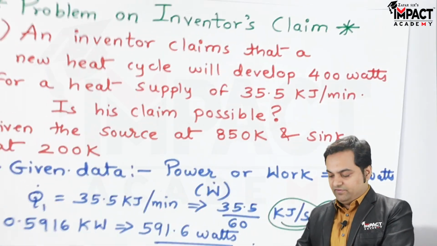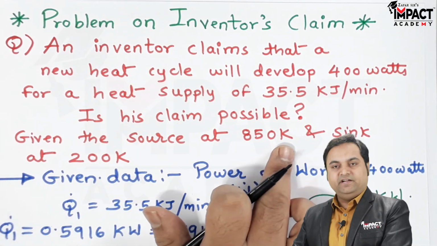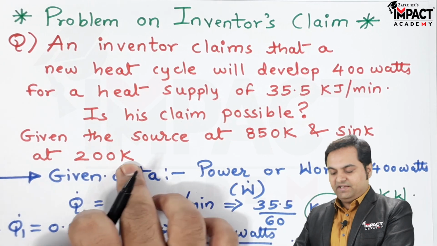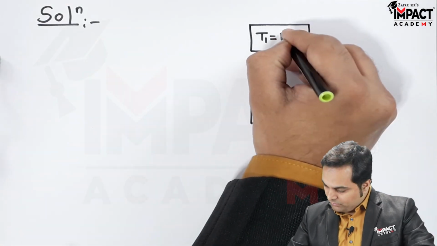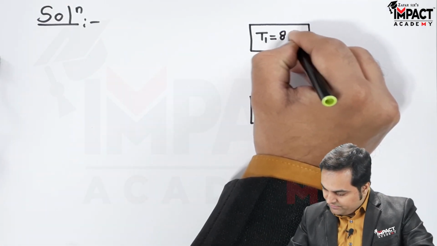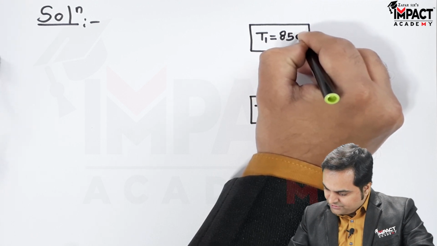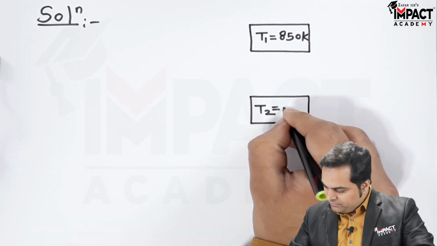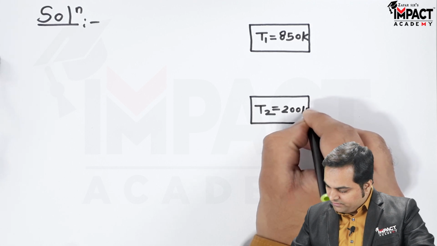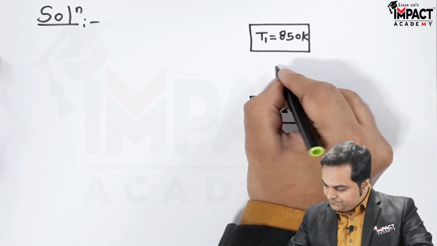In the question, it is given that the source is at 850 Kelvin and the sink at 200 Kelvin. So the source is denoted by T1, the higher temperature reservoir, 850 Kelvin, and the sink of 200 Kelvin, the low temperature reservoir.